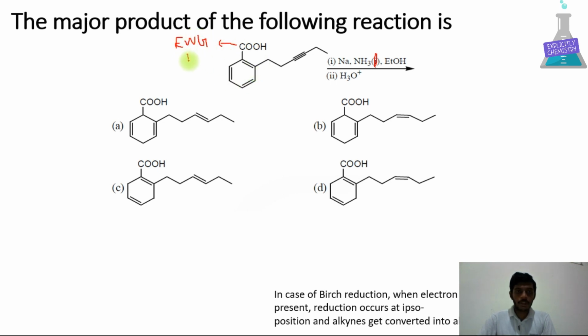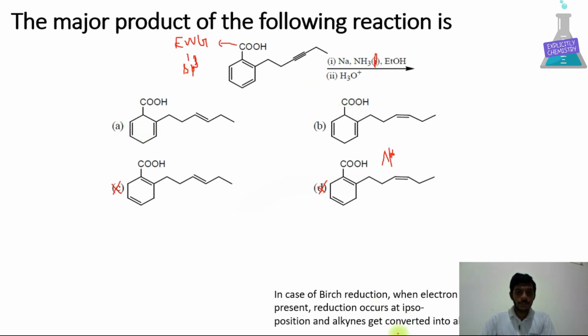The electron withdrawing substituent should be at sp3 carbon. So if you see here, this is at sp3 and this is also at sp3. So options C and D are wrong because these two are at sp2 carbon and these two are at sp3. So this answer is between A and B.